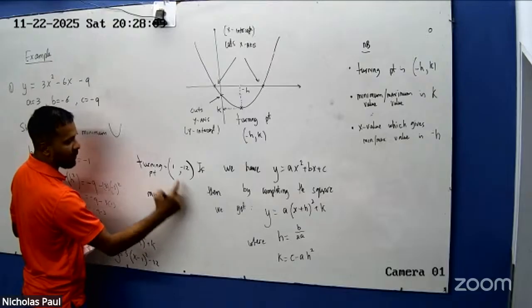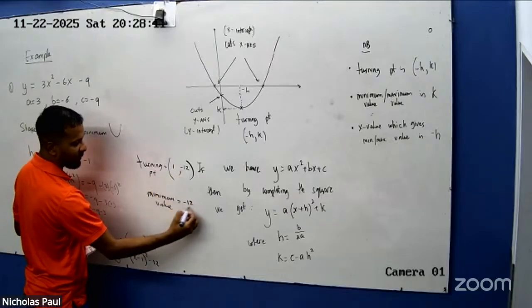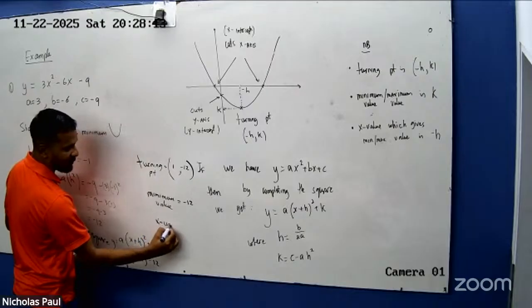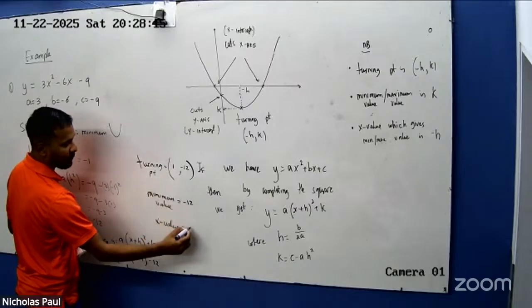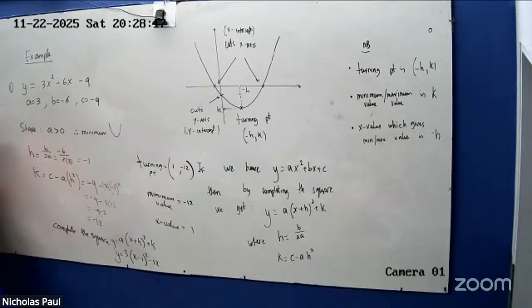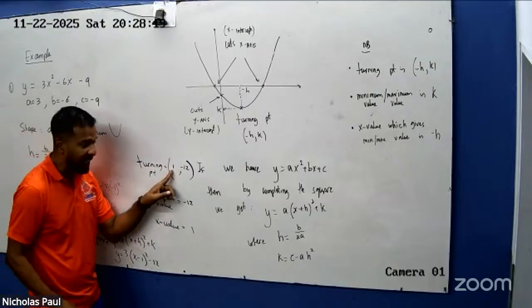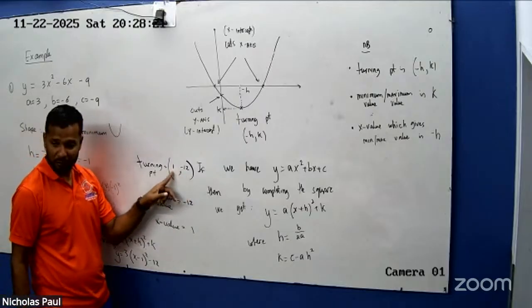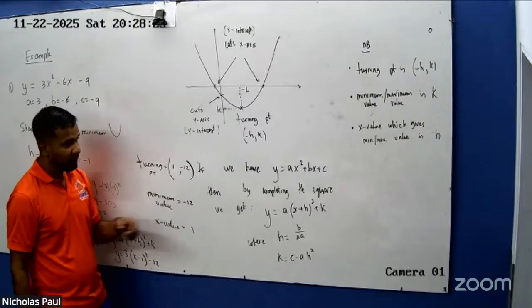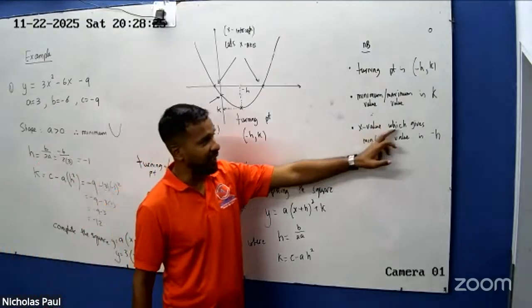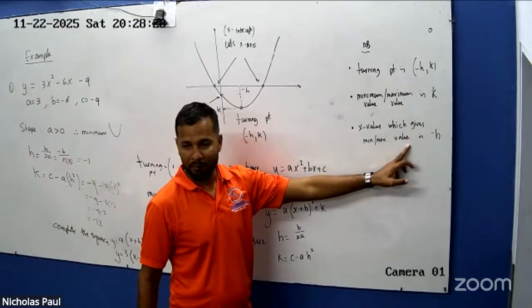Your minimum value is K, and the x value which gives you that is 1. What's the x value that gives you K? 1.